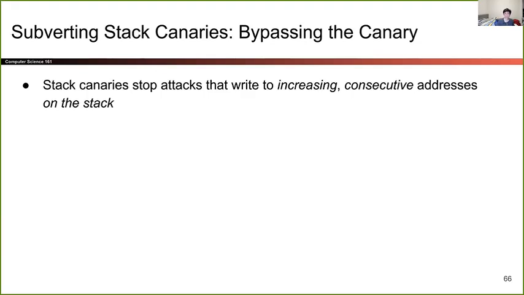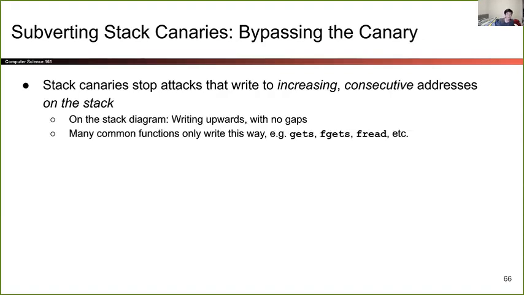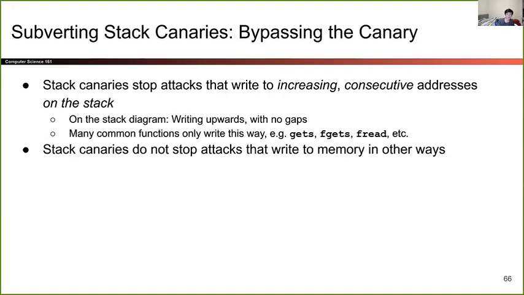The second way is to bypass the stack canary. Most functions rely on writing to memory from low to high in consecutive addresses on the stack, but some attacks don't require this.